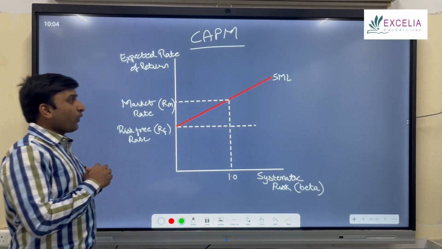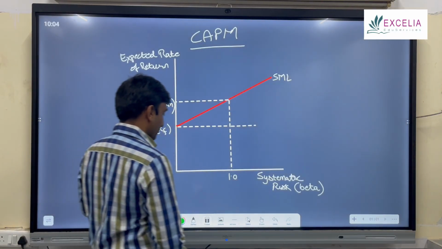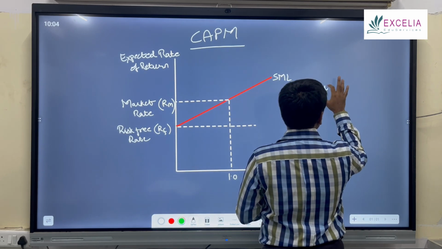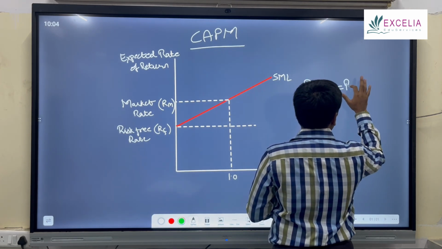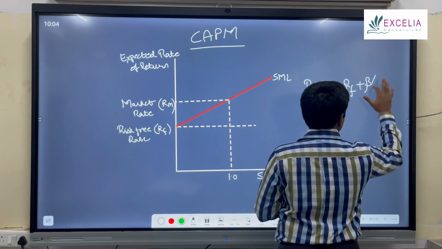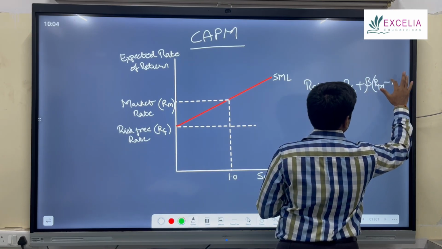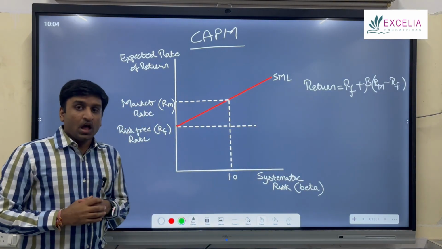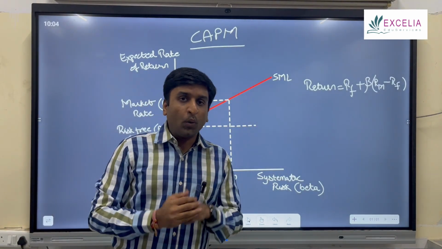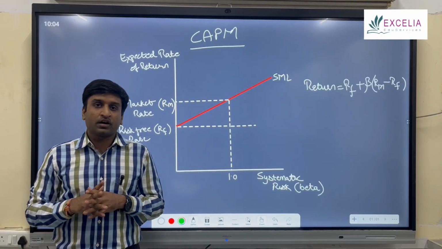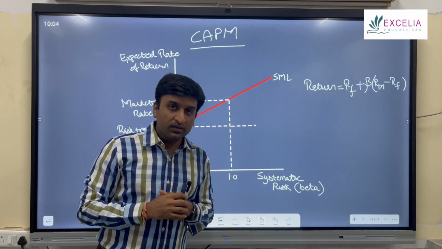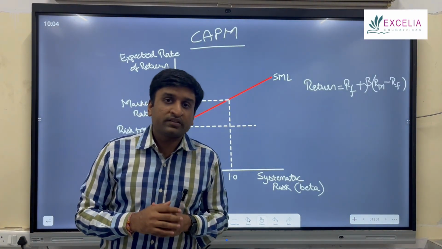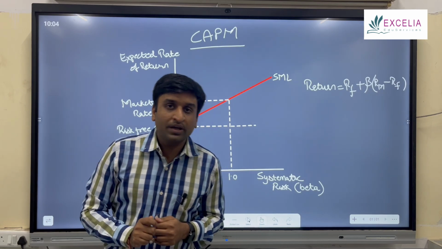On this basis, we derive the formula for the CAPM model, which is the required rate of return is equal to RF plus beta multiplied by RM minus RF, where RF is the risk-free rate, the rate which you as an investor would get by investing in one of the safest securities, probably like US Treasury bills. RM refers to the market rate, or the rate which you as an investor would get by investing the same amount in the market.